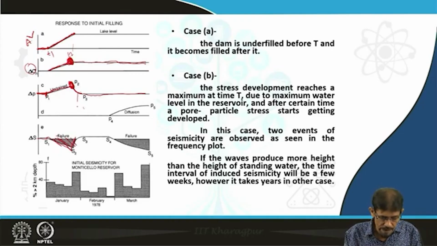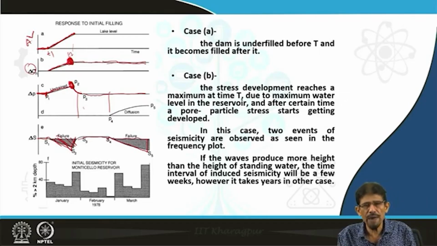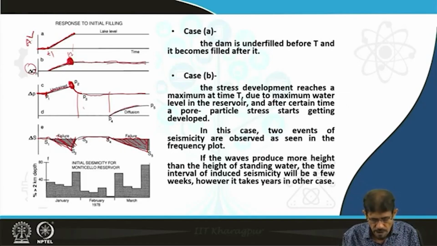Then after considerable time, there is again failure of strata; although the normal load caused by the increment of water level is constant, there is still development of failure of strata, which becomes a site for generation of RIS due to diffusion of pore pressure.